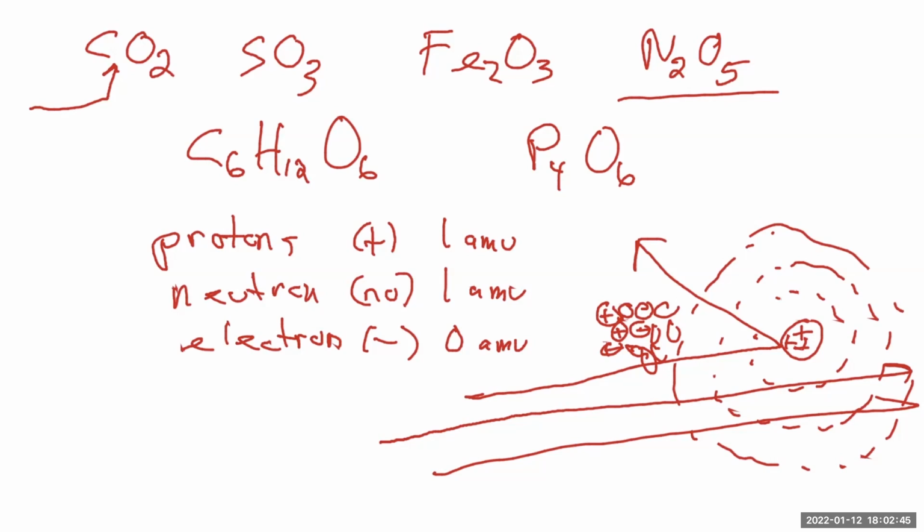So in a balanced element, my protons equal my electrons, because they're the only things that have charges. So if carbon has 6 protons, how many electrons does it have? Okay.